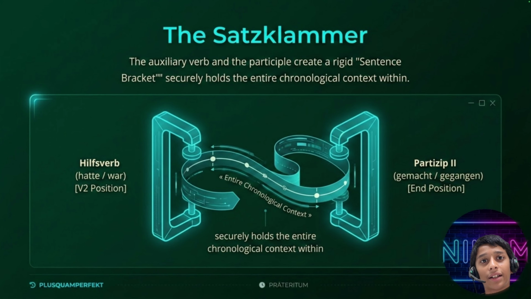Everything else in the sentence, objects, time expressions, adverbs, gets sandwiched in between these two verb pieces. For example: Ich hatte gestern das Buch schnell gelesen. Notice how hatte clamps the front, gelesen clamps the back, and the entire rest of the sentence content sits inside the bracket. This is one of the most distinctive features of German sentence structure, and the Plusquamperfekt is a great example to practice it with.